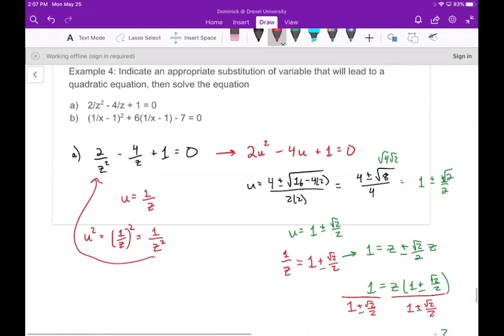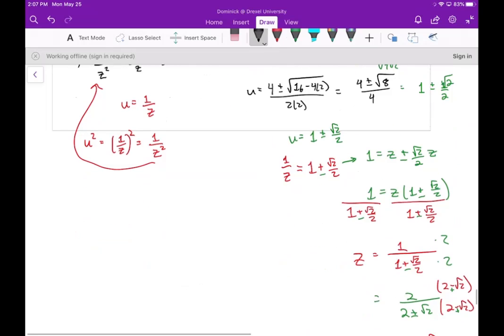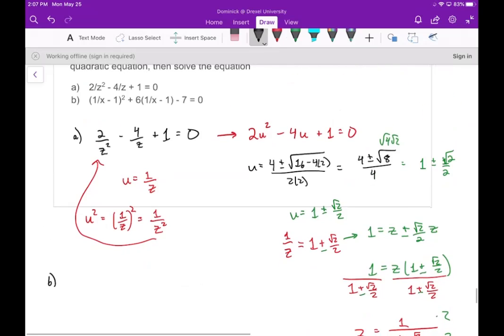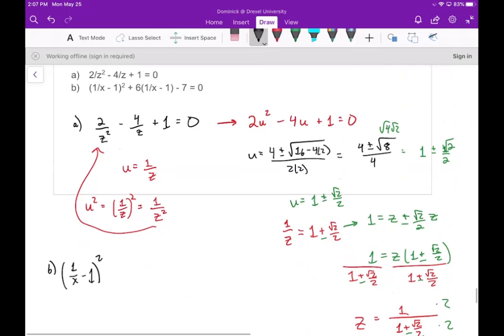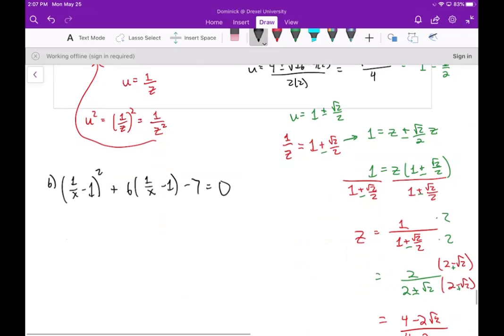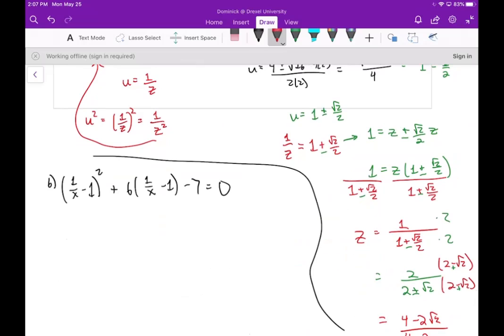Okay, and then finally, let's do part B, which is 1 over x minus 1 squared plus 6 times 1 over x minus 1 minus 7. Now rather than multiplying this stuff out and then seeing what kind of substitution we make, why not just make u equal to 1 over x minus 1, so that u squared is 1 over x minus 1 squared.